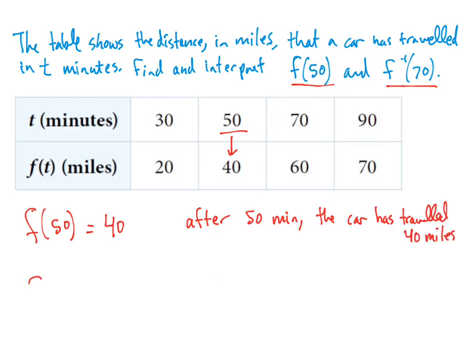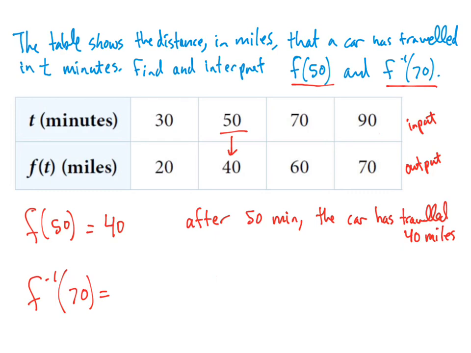All right, when we look at the inverse of 70, now it's saying going in the opposite direction. And again, when we have an inverse function, what's happening is the output becomes the input and the input becomes the output. So here, this was the original output, and this was the original input.